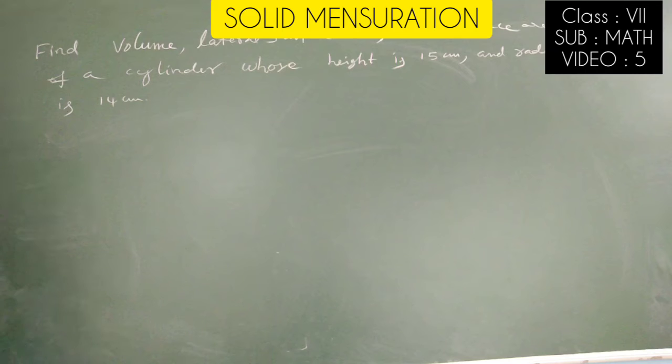Sometimes they call it the base radius. Okay, base radius and height they give. Now we need to find its volume, lateral surface area and total surface area.